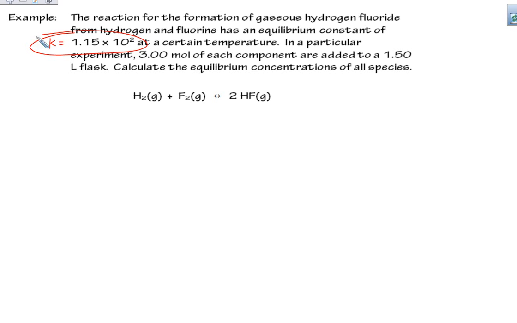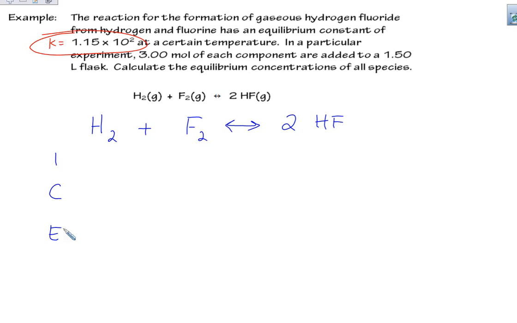All right, let's do our ICE table. So we'll rewrite the equation: H2 plus F2 forming 2 hydrogen fluorides. Okay, so now here's one thing you have to be careful of. When you plug numbers into an ICE table, you have 2 options.